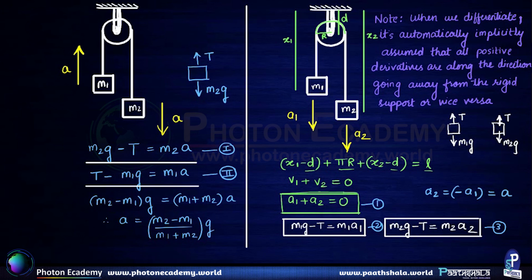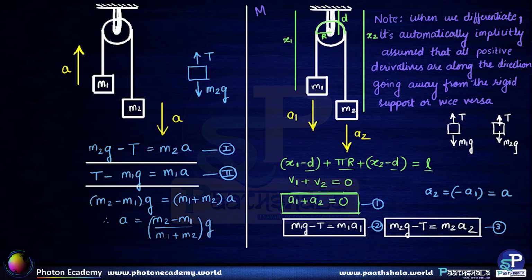So when do we use the method of constrained motion? Let me call this method 2. When do we use method 2 and when do we use method 1? We generally adopt method 1 when we intuitively know the relationship between the accelerations of blocks m1 and m2. In that case we can deploy method 1 and write one equation less, so our solving will be a little bit easier.